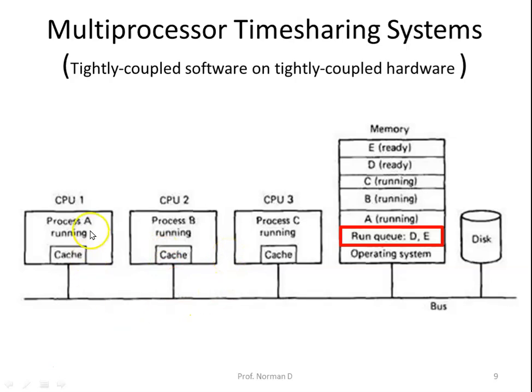So process A is on CPU 1, process B is on CPU 2 and process C is on CPU 3. The other 2 processes, D and E, are also in memory waiting for their turn.